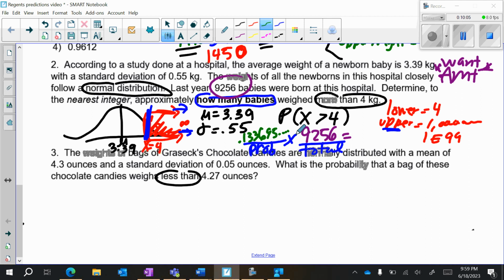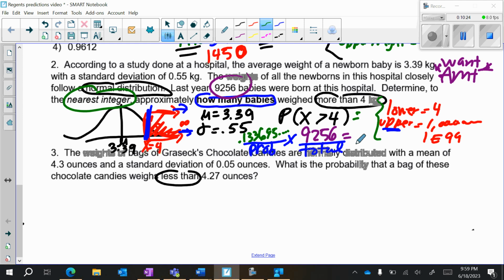I would just leave exactly what you got from the normal CDF, hit up, enter, reselect the last answer, and then multiply that by the 9256, and then round at the very end, the last step, to the nearest integer. So when you do that, you end up getting 1237-ish babies. So that is the final answer.